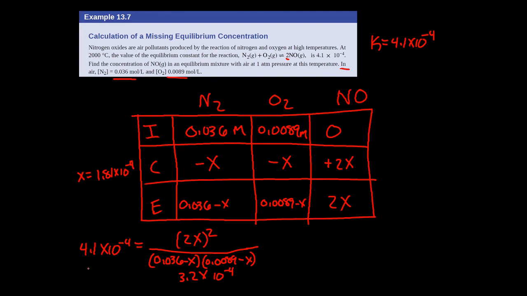So what I'm going to do now is do that check that we talked about. Take the x value, and divide it by the thing that I would have subtracted it from. I'm going to use the smaller one, not the bigger one. So it would be 0.0089. Multiply that by 100%.